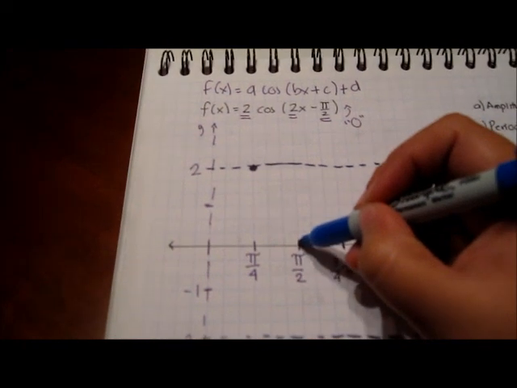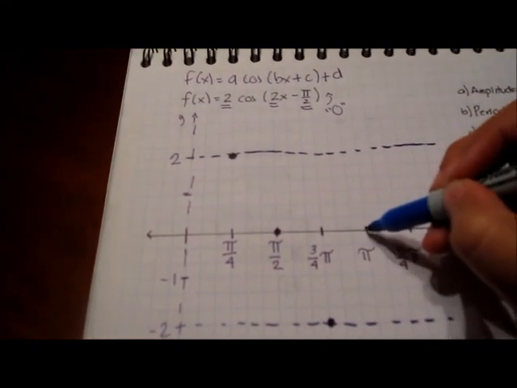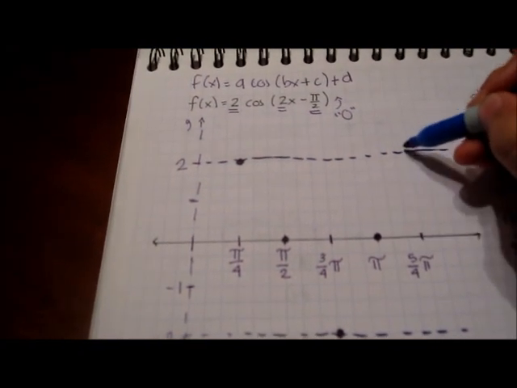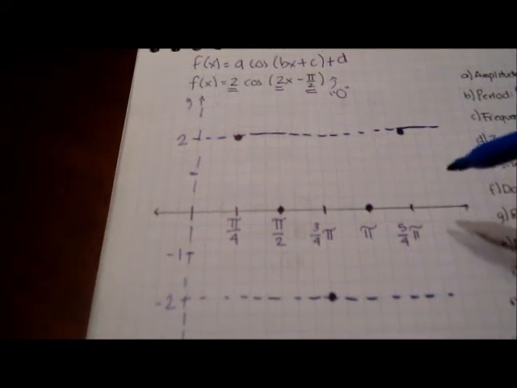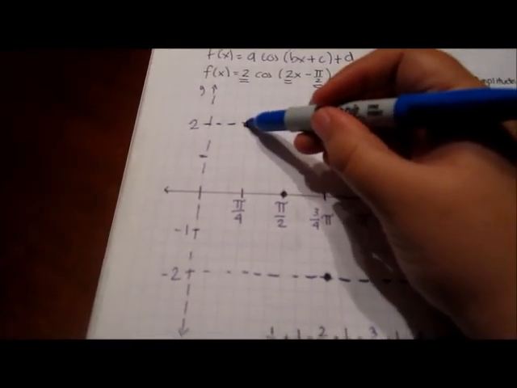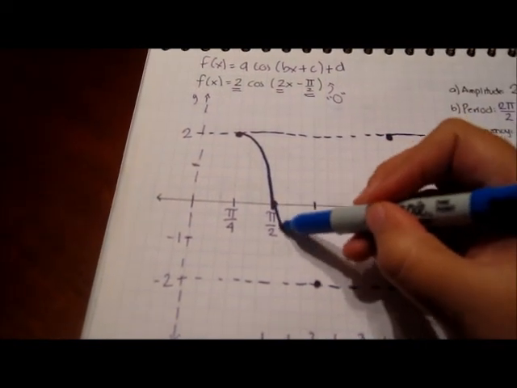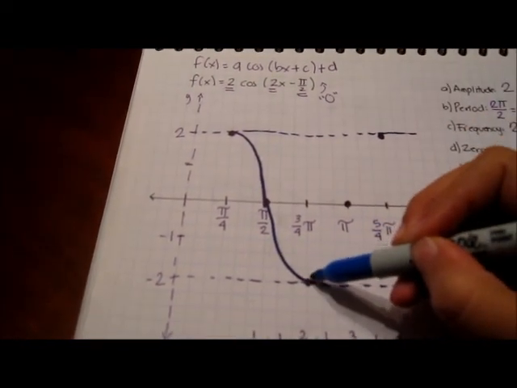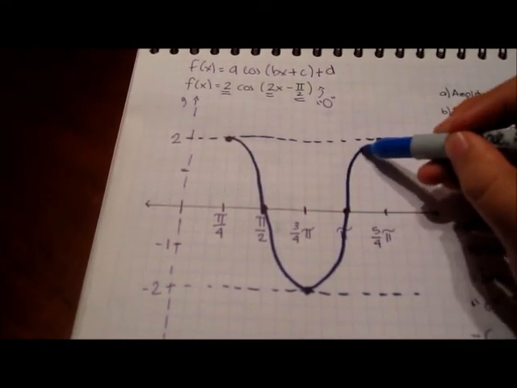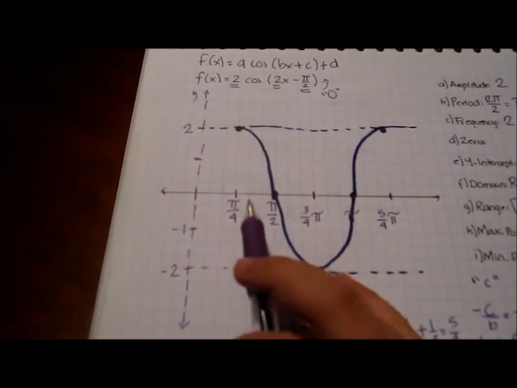The second point is going to be this one. My third point is going to be this one. And fourth and fifth. What do I need to do next? Start joining the points. It's 1, 2, 3, and 4. That is the first period with the phase shift.